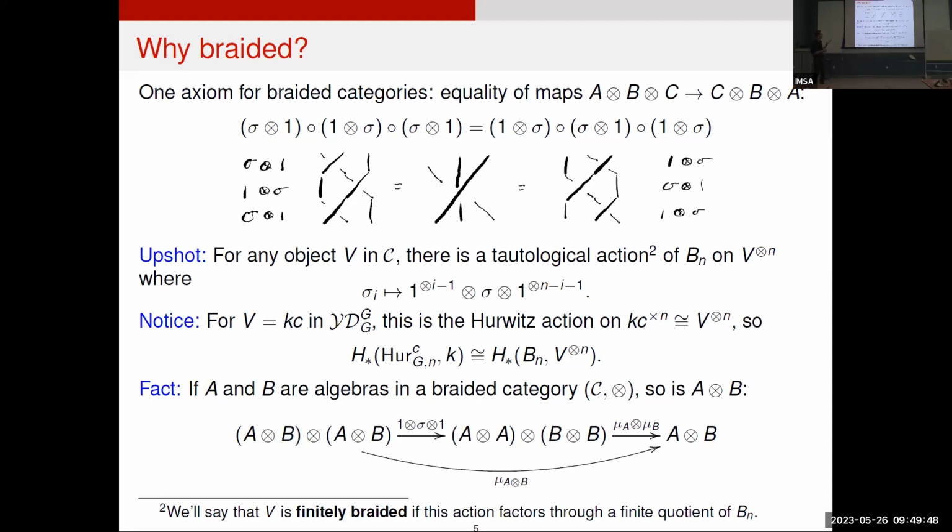Because that was one non-trivial relation in the braid group, this means that if you have any object in C, I get an action of the nth braid group on n-fold tensors, where sigma i acts by the braiding on the i-th and (i+1)-st terms.